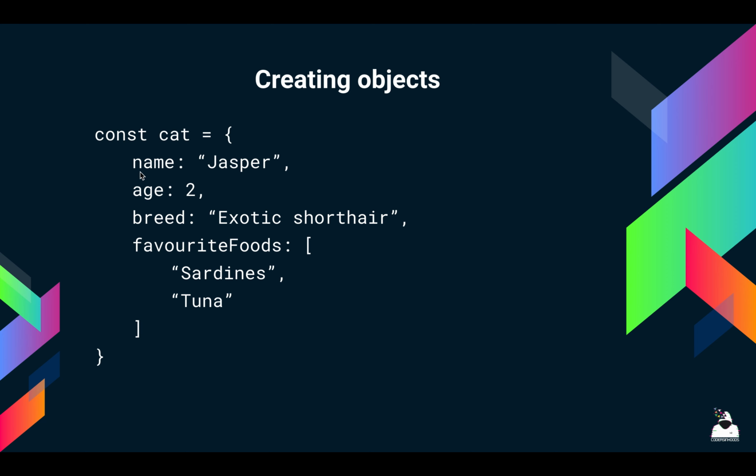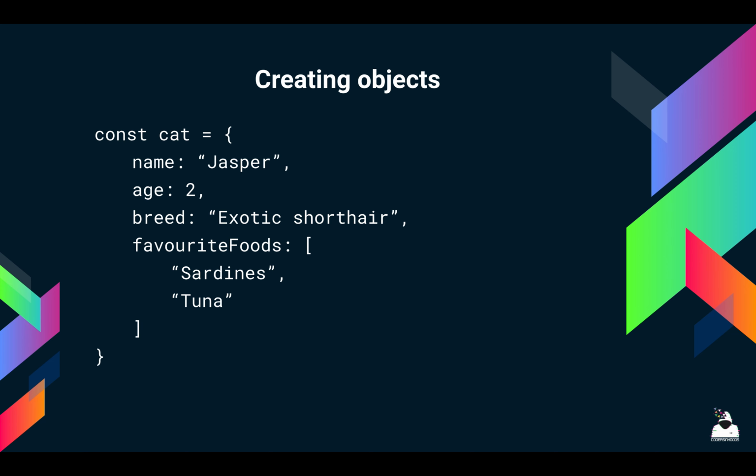But we have a key of name and the value of the string Jasper. We have a key of age and the value of the number 2, a key of breed, the value of the string exotic short hair. And here we have one that's slightly more interesting. We have a key of favorite foods, which has a value of an array, which, as we just discovered, is actually an object.